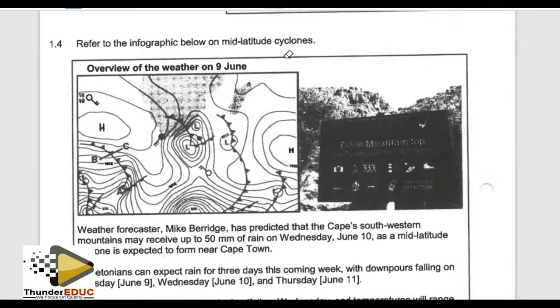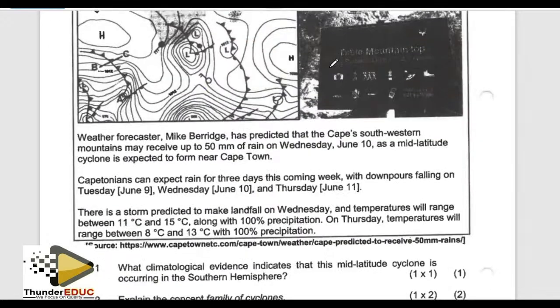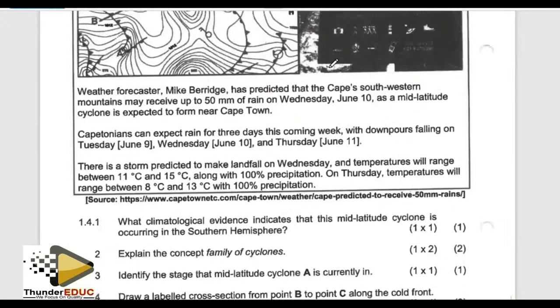You can see the date here is 9 June. And all of us know that 9 June usually happens in winter. In the southern hemisphere, it is winter season. This is when temperatures are very, very low. So one evidence to prove that this mid-latitude cyclone is in the southern hemisphere is by the mere date of winter.